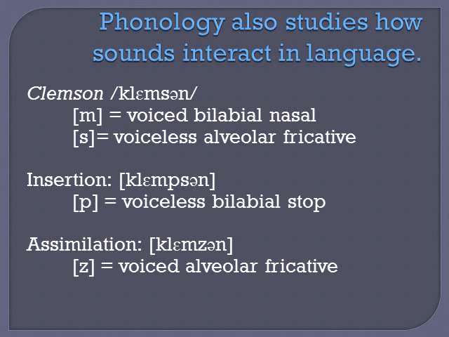So when someone says Clemzon, what they're doing is they're taking the voicing from the M and they're making the fricative have that quality of voicing also. Another way to put that is that they're making the fricative similar to the nasal, and because it's becoming similar, we call that assimilation. So assimilation is when you take the qualities of one phoneme and you make them more like another phoneme in the cluster there.